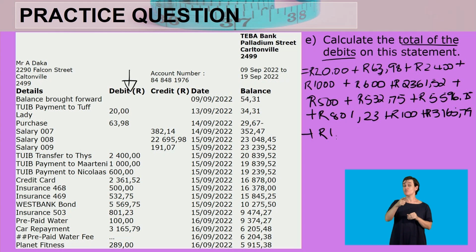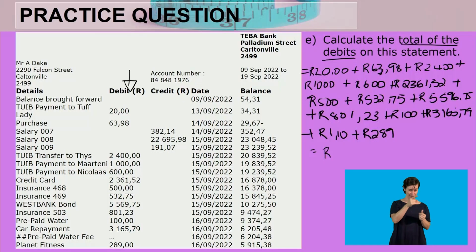Remember, it was 1 rand 10 cents, plus the last value there, 289 rand. So now we are going to add all those values together and see the total amount of the debit. Right, but before you add and find the total amount, you can just go through your statement and check if you have added all the values correctly, because now you are working with multiple values.